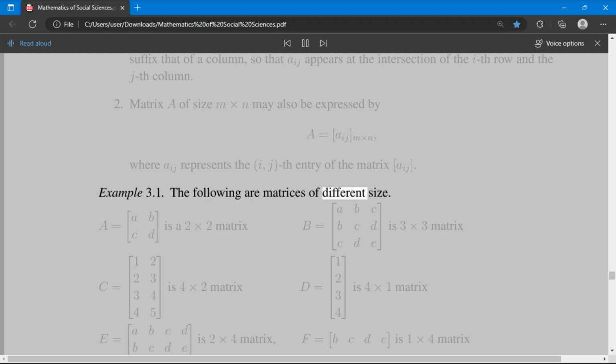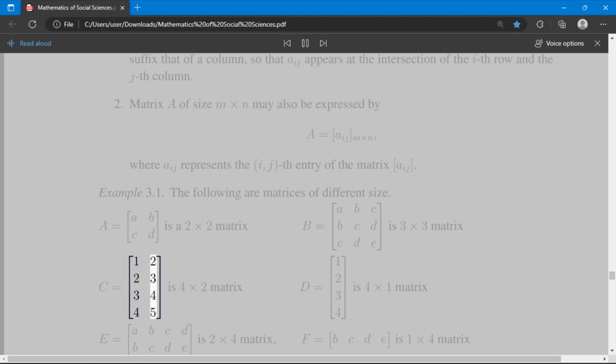Example 3.1. The following are matrices of different size. A equals a b c d is a 2 times 2 matrix. B equals a b c, b c d, c d e is a 3 times 3 matrix.